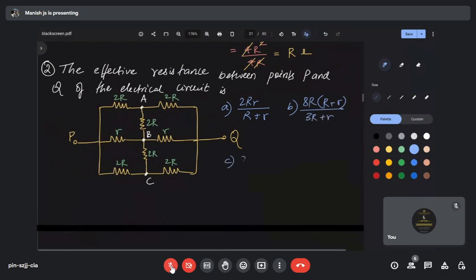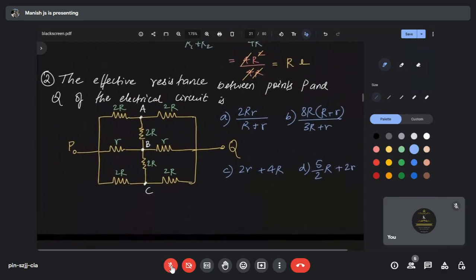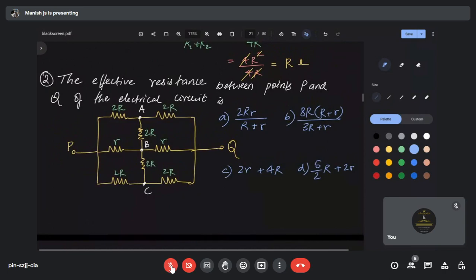And option C, 2 times small r plus 4 times capital R. And option D, 5 by 2 times capital R plus twice small r. Okay, so these are the options. Yes, please try this question.